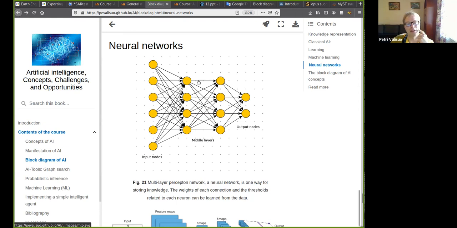But there is no clear explanation of what those weights are. They are not probabilities. They are just signifying the importance of different evidence for making the decisions that are necessary at this level.